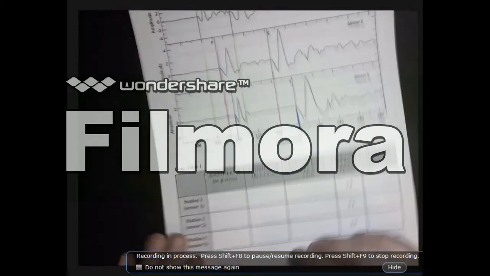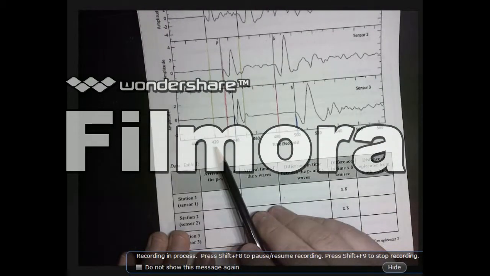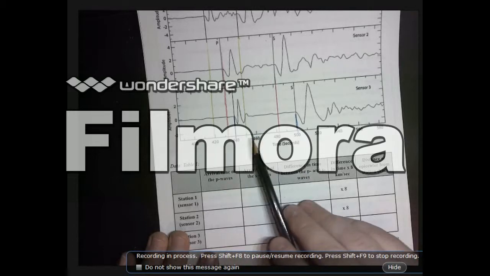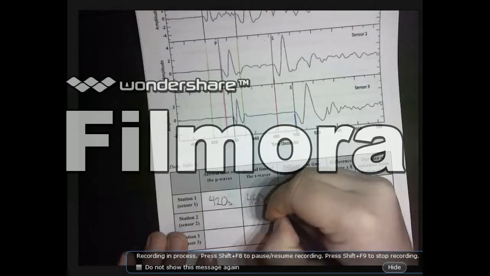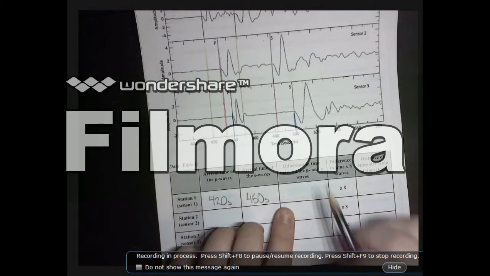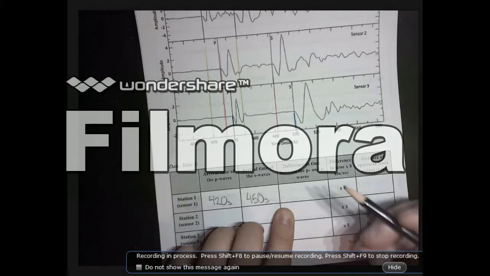If we look here, the interval for station 1 is from about 420 seconds to 450 seconds. So the difference between the P and the S waves is a 30-second interval.